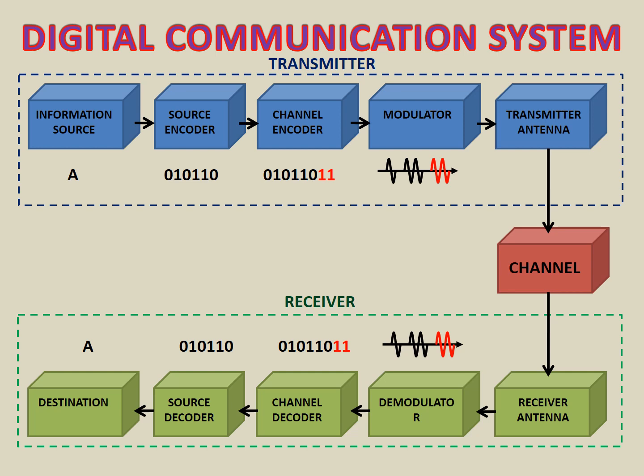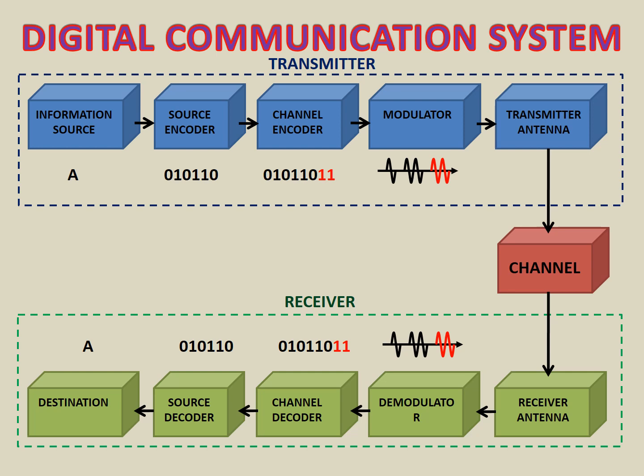Suppose the information is simply the word A. This is in the form of analog signal. Now, this information is converted into digital signal as studied in digital circuits. Digital signal means in the form of 0 and 1.